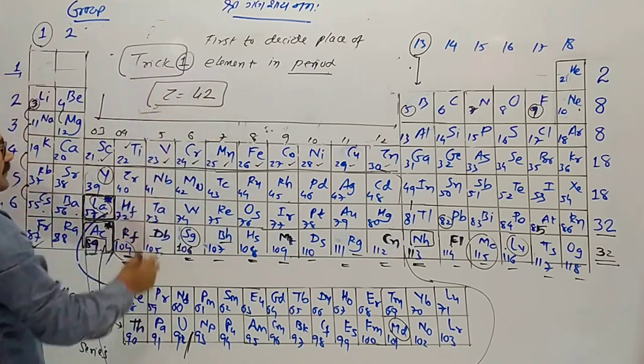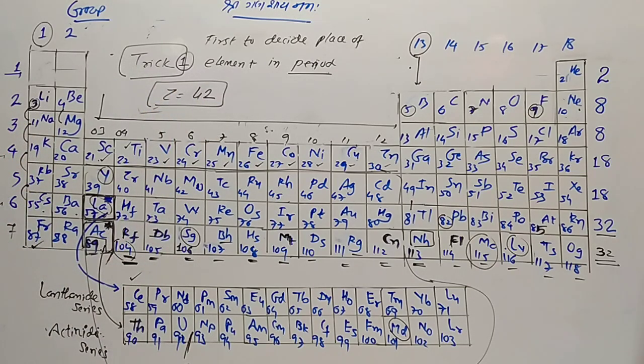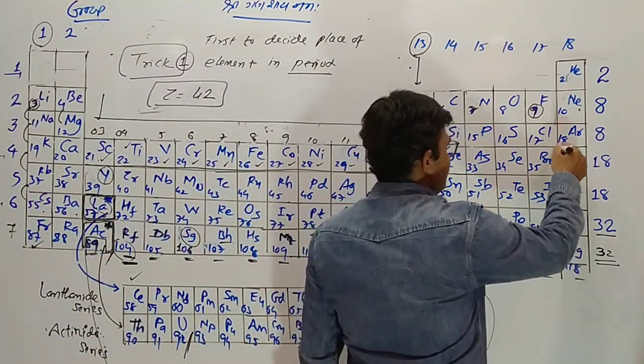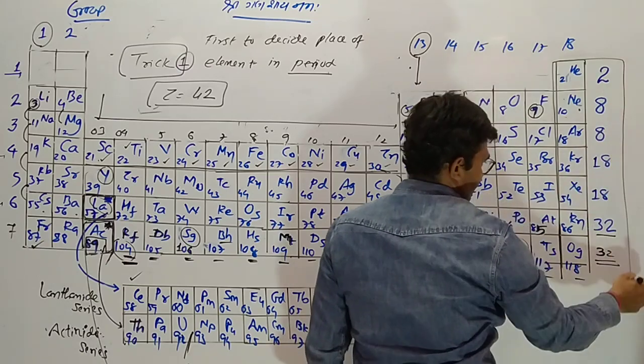The atomic number is 42. So there is a trick. Yes, this is the trick. The last line is our trick.